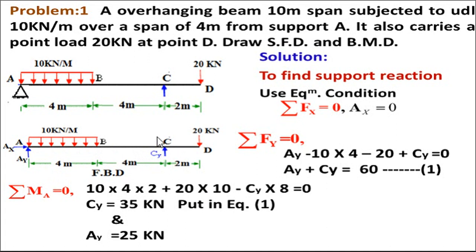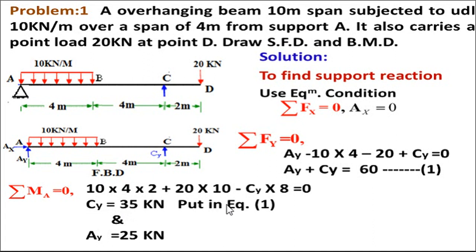Again Cy makes an anti-clockwise moment about A, that's why it is taken minus. So minus Cy into the perpendicular distance A to C, 8 meter. So Cy into 8 is equal to 0. After solving we will get the Cy value equal to 35 kN.